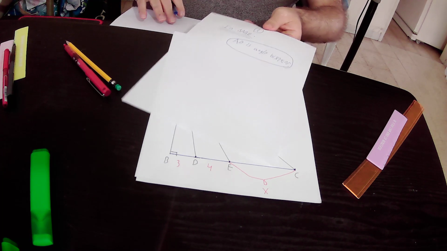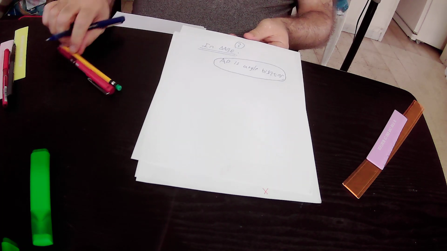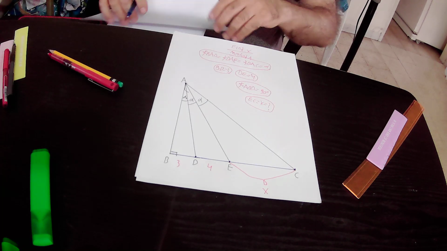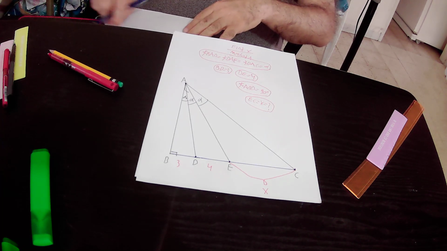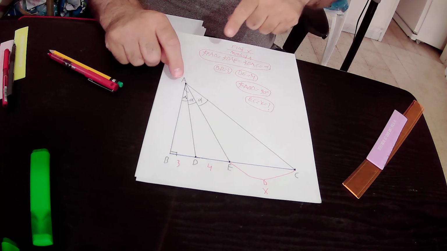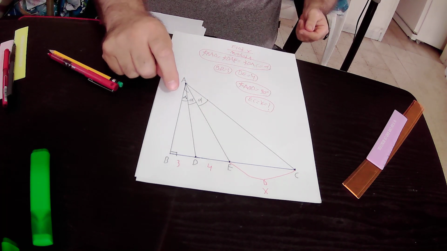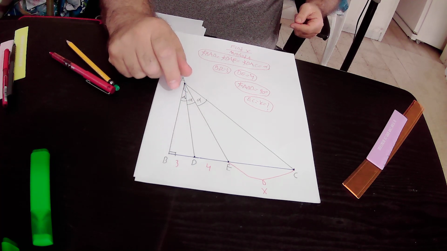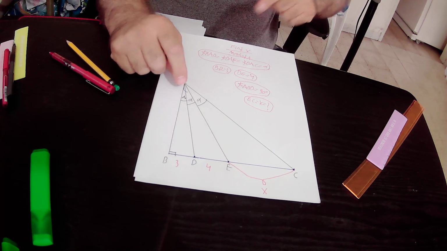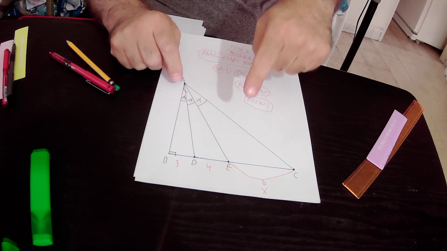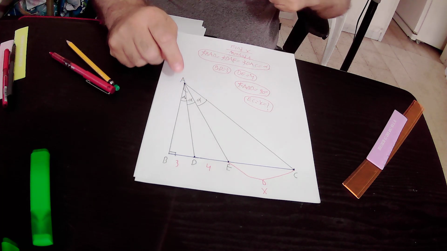So why is AD angle bisector in the right triangle ABE? Because angle bisector AD divides angle BAE into two equal parts, alpha and alpha. Therefore, AD is angle bisector in the right triangle ABE.